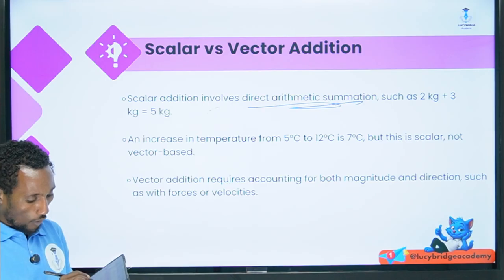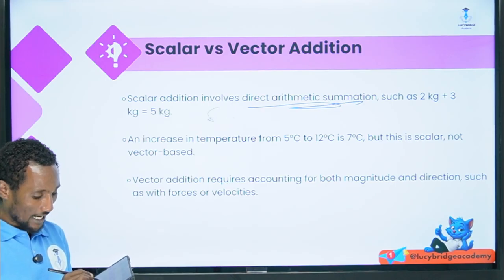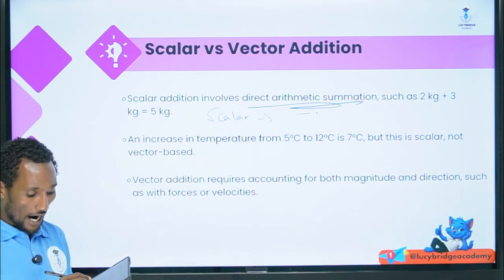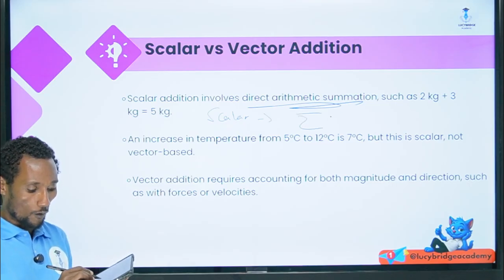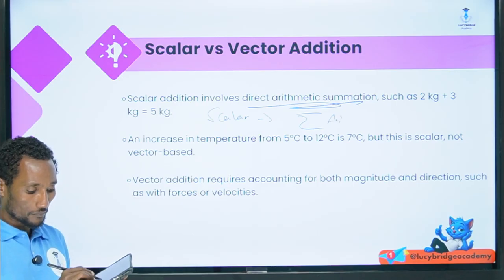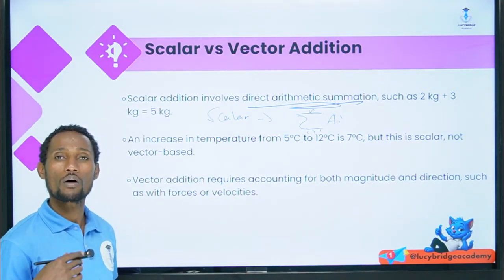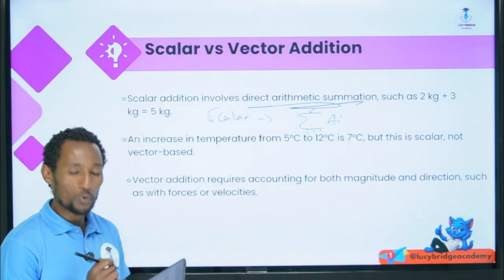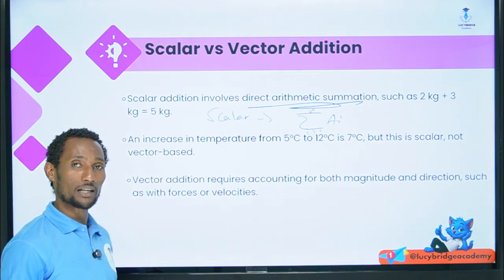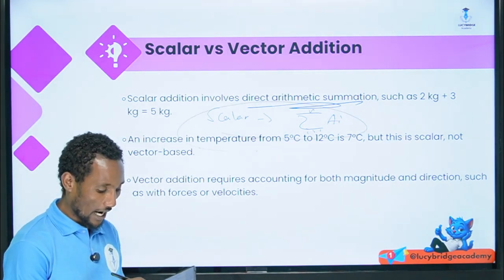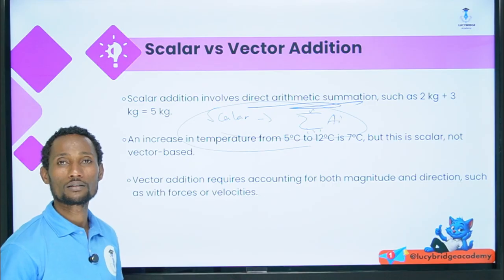Here, the sum of scalars is the summation of all a_i, where i runs from 1 up to n events of a scalar quantity, basically the same events. Then we can have the arithmetic sum.